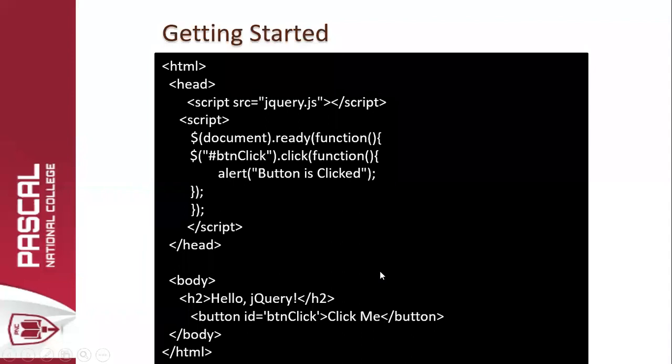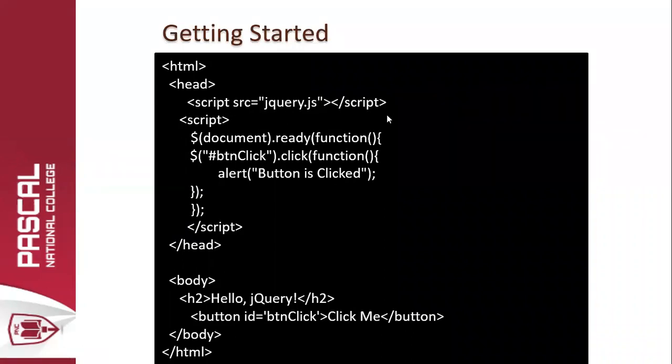So this is one example. Within the head part, we have script source equals jQuery.js. Either you can include library sources for jQuery, or you can download this file and name it as you like. In my case, this is jQuery.js.